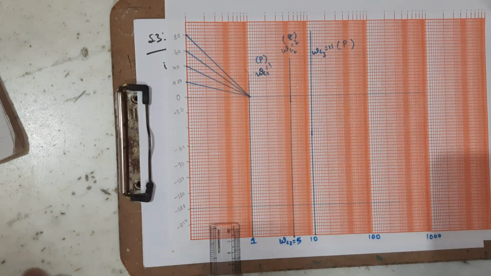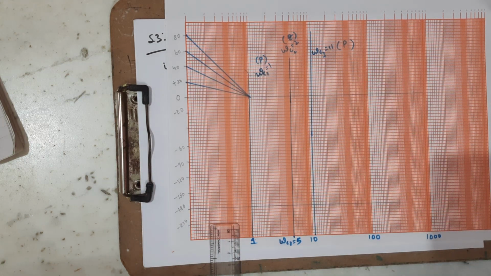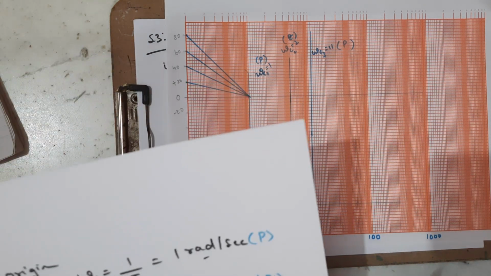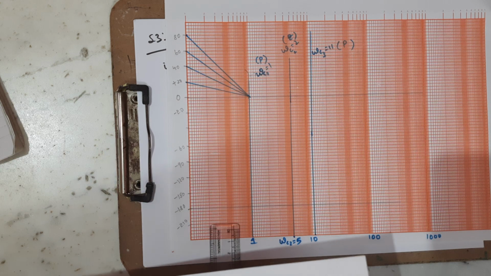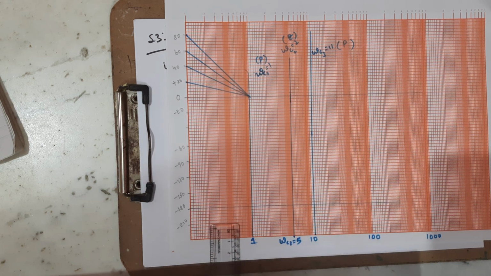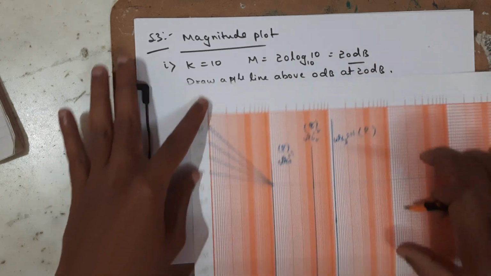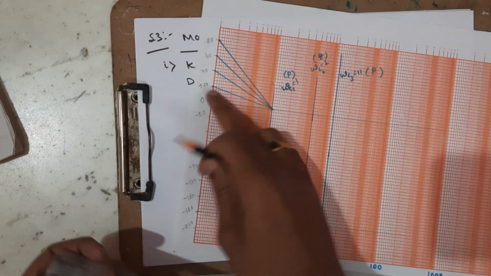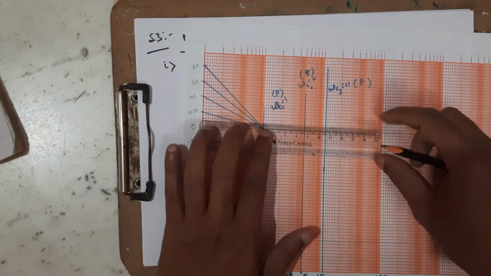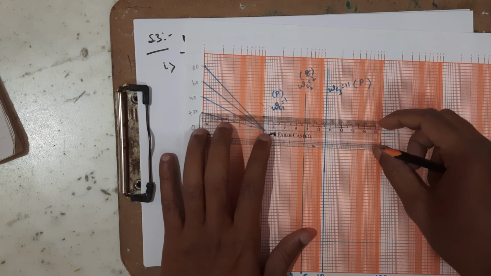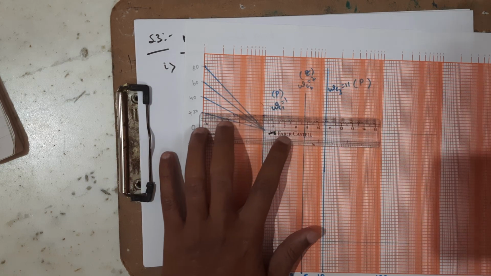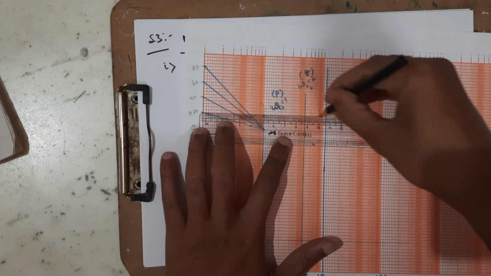So after these preparations, what we have to do is first draw the magnitude. How much is the magnitude? We found it out. Okay, the magnitude is equal to 20 dB. So from the 20 dB line, I am going to draw a line parallel to the 0 dB line above it.